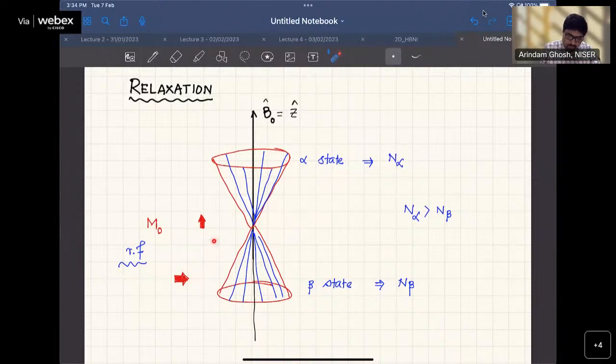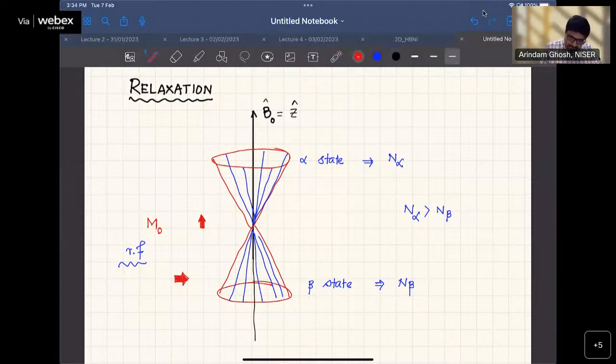This process of going from the situation where I have some X or Y magnetization, some detectable bulk magnetization, back to the original equilibrium state where I have only the Z magnetization, nothing detectable, this process is called relaxation.